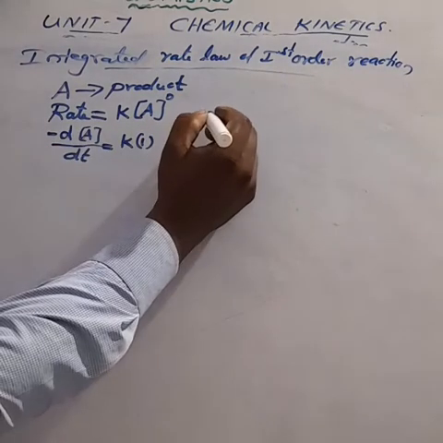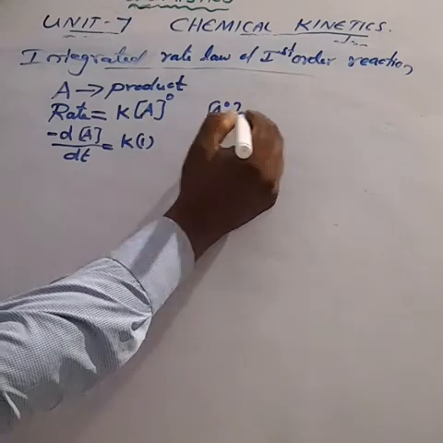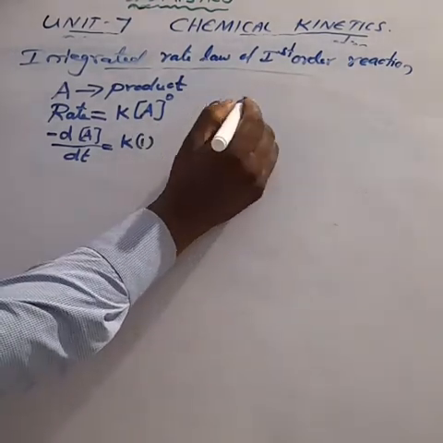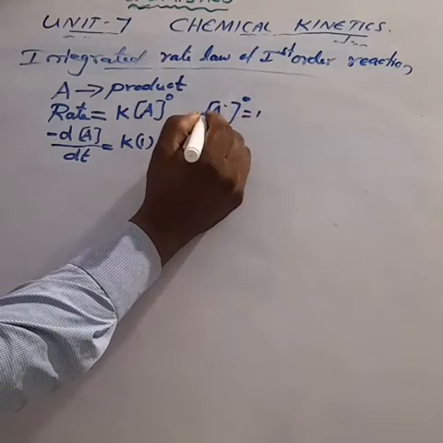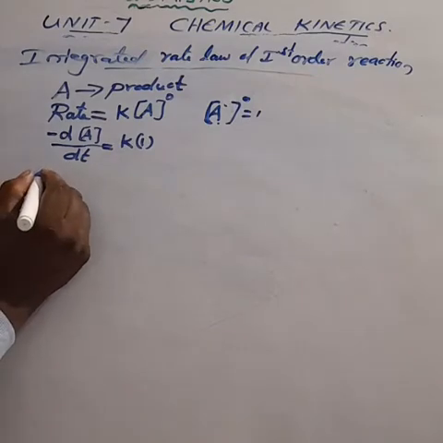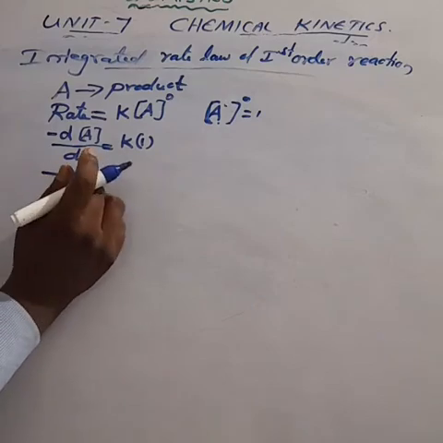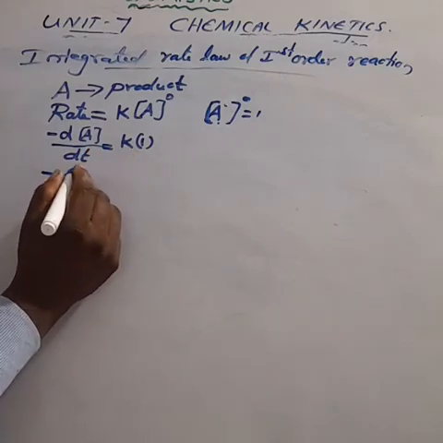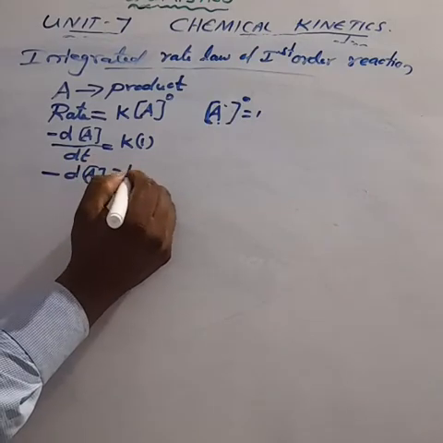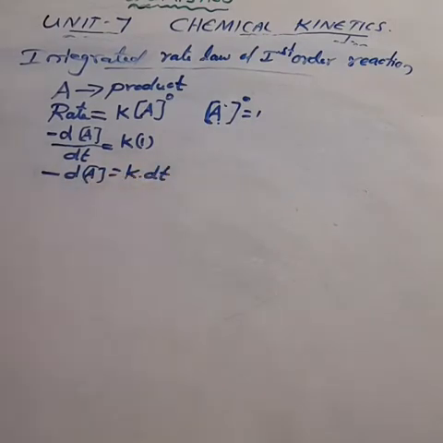Anything to the power 0 is equal to 1, so [A]^0 is equal to 1. Next, we are interchanging here: this can be written as minus d[A] is equal to K into dt.